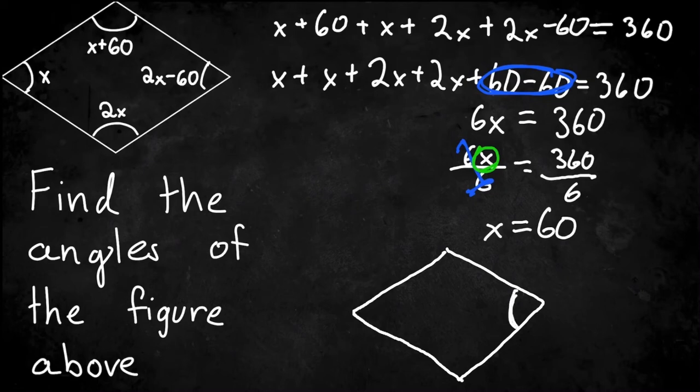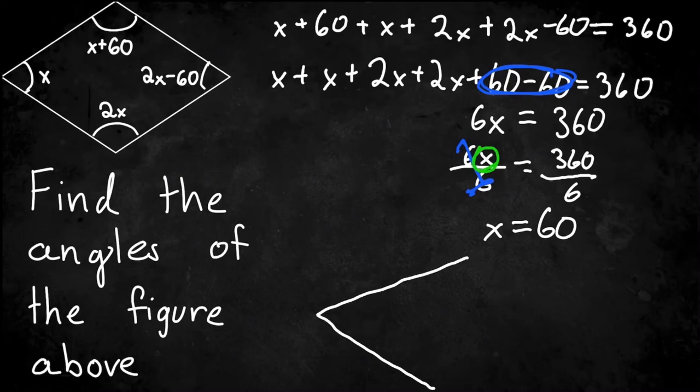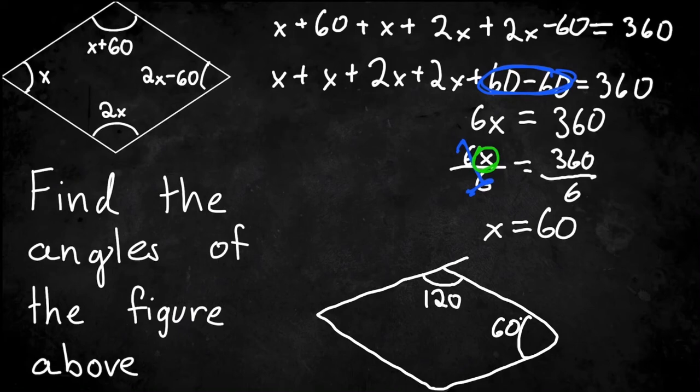So this side is 2x minus 60. 2x is 120, and 120 minus 60 is 60. So let's do that bigger. This side is 60. Then on this side we have x, which is 60, plus 60, so that is 120. And this side we have x, which is just 60. And here we have 2x, which is 120.